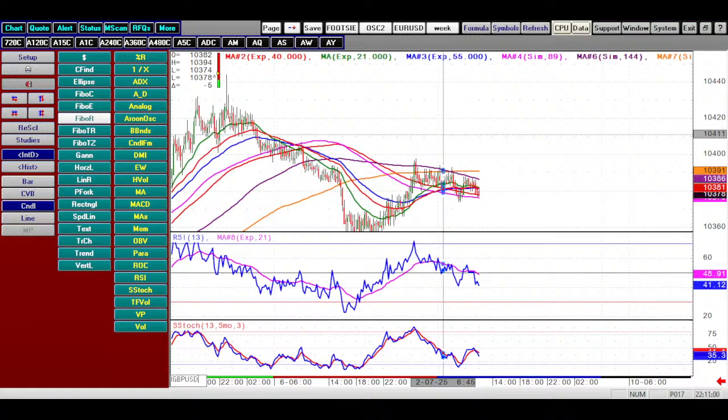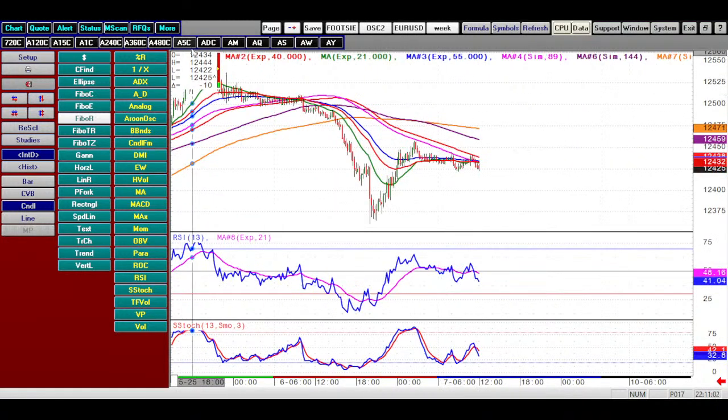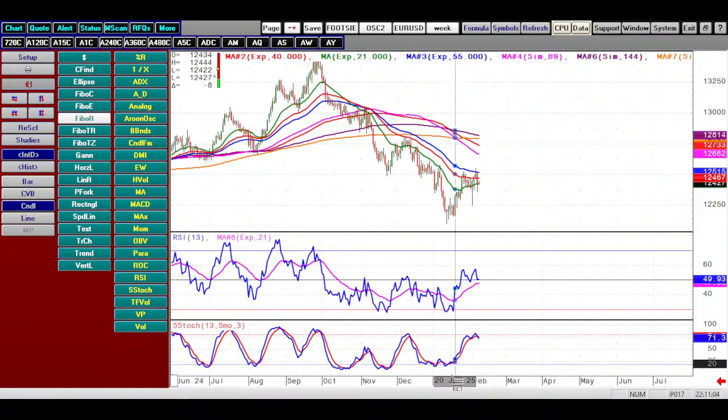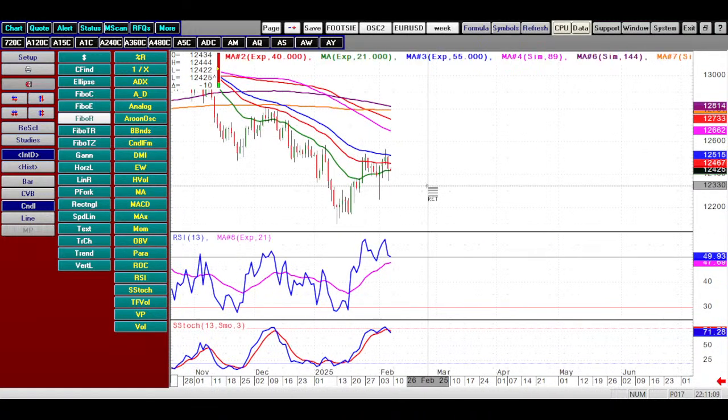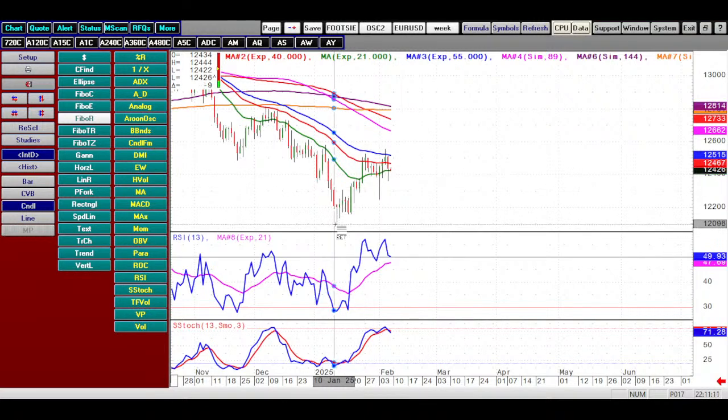When we look into the chart, looking at the daily price pattern, it looks like we may have seen the low here, and right now this market is in a consolidation phase, and it was a failure on the correction down.